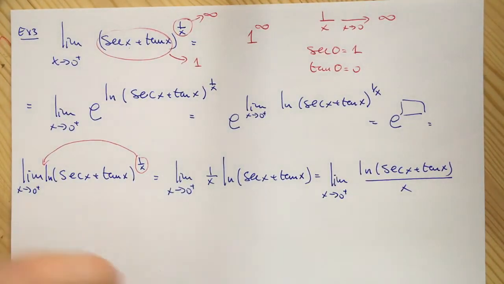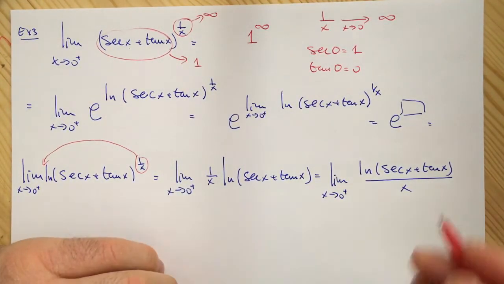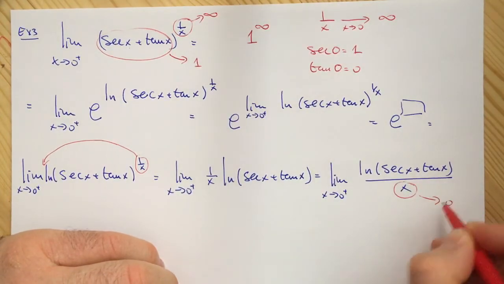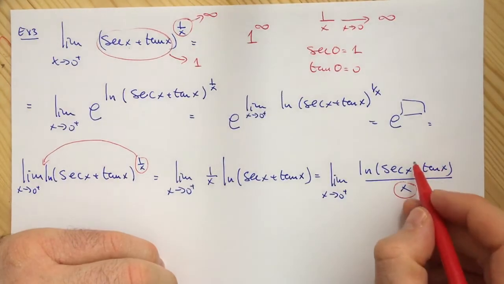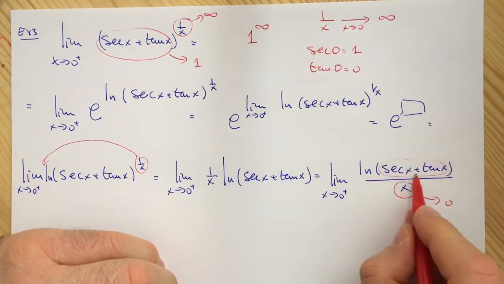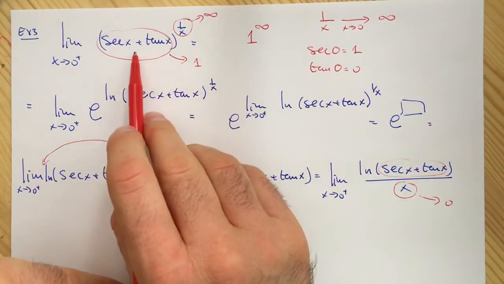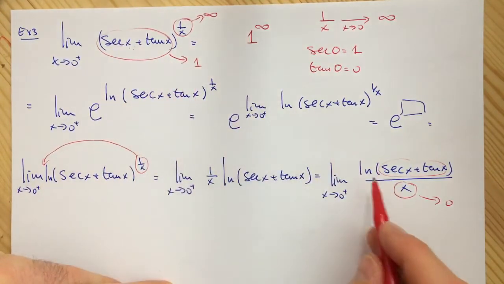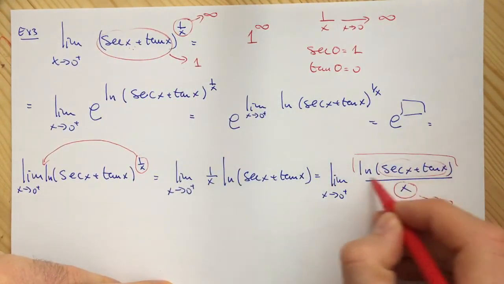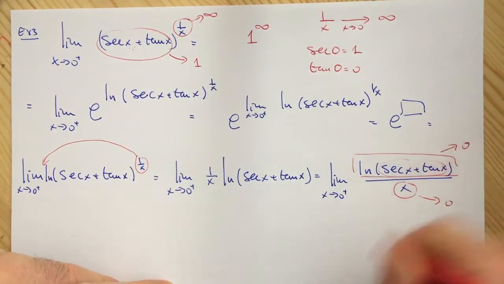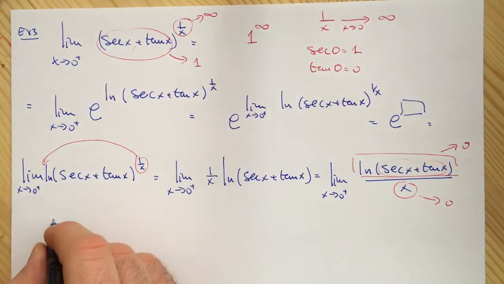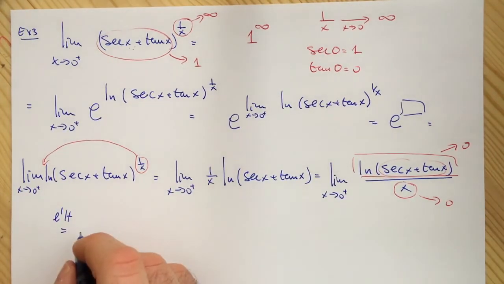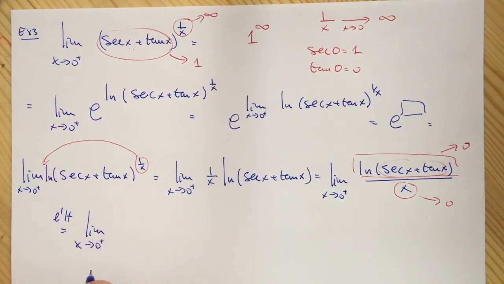So let's see what happens with this limit. Obviously the denominator, we're just sending x to 0, so the denominator goes to 0. I already know what this sum approaches right here. The sum approaches 1, so ln of 1, the whole numerator approaches 0. So right away I can apply L'Hopital's rule, and this is equal to the limit as x approaches 0 from the right.